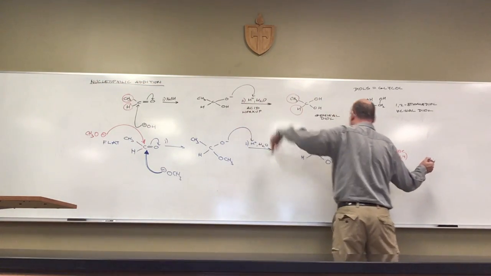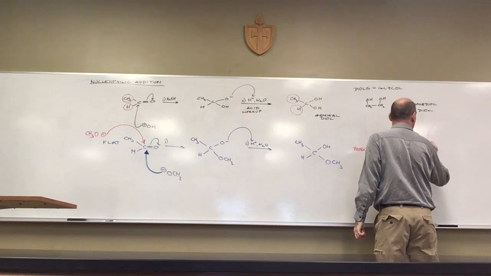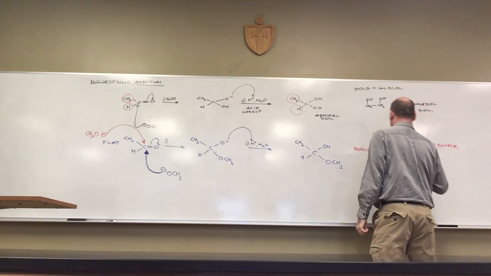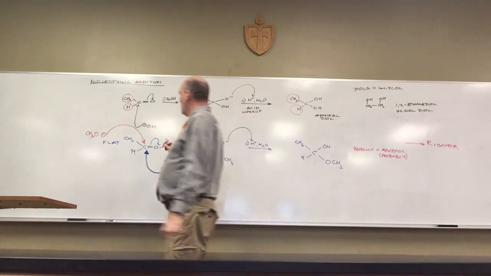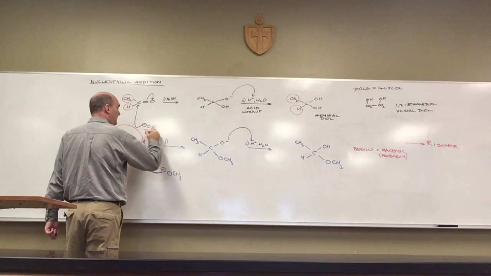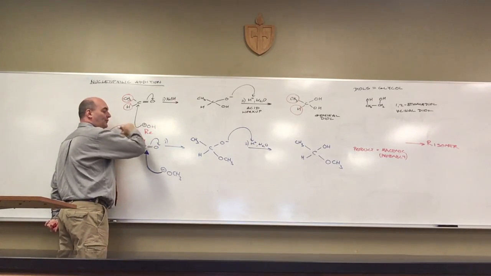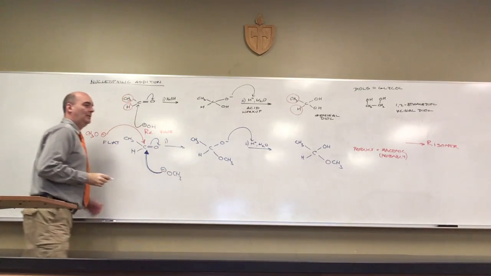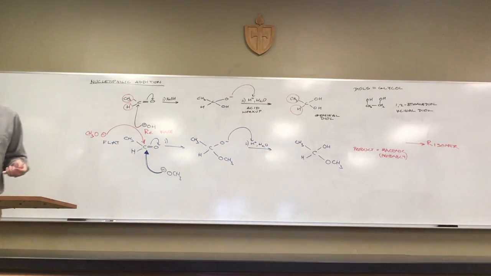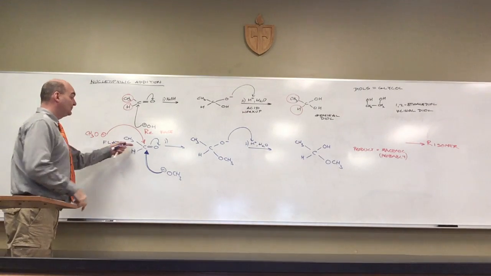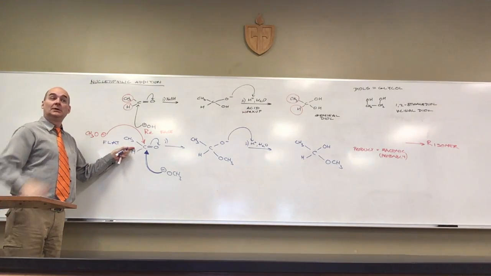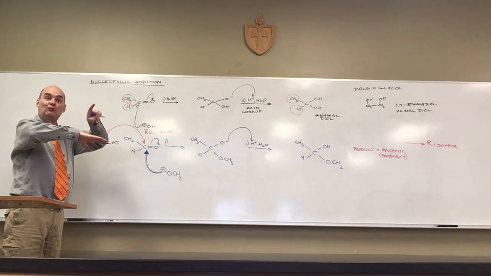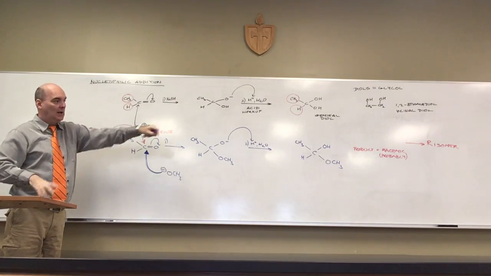If attacking on the top face makes the R isomer, then this is called the re face of the molecule. Attack addition at the re. This molecule is flat. It has two faces, one on the top, one on the bottom. The re face makes the R isomer.